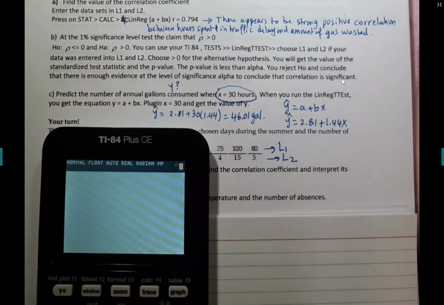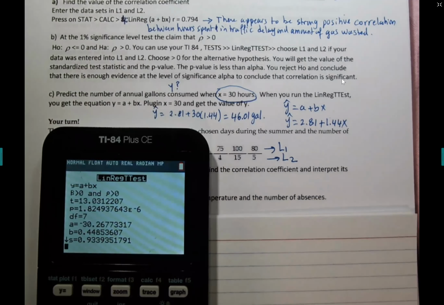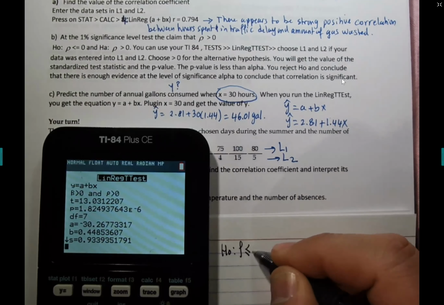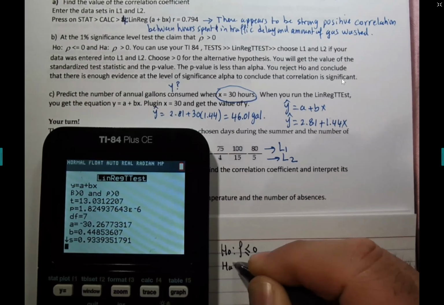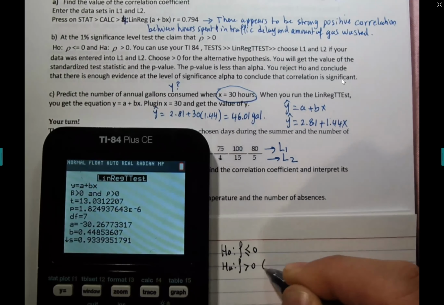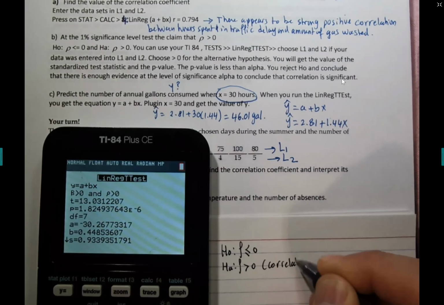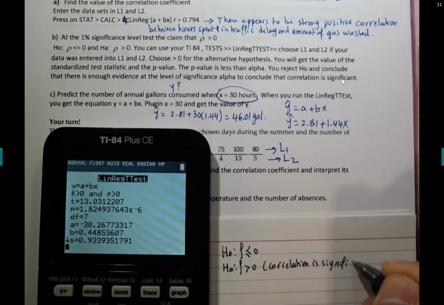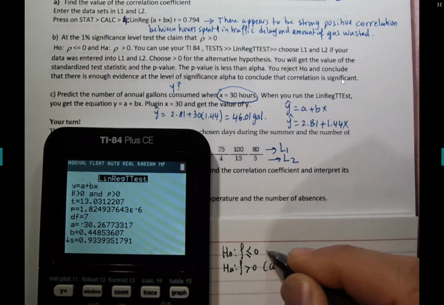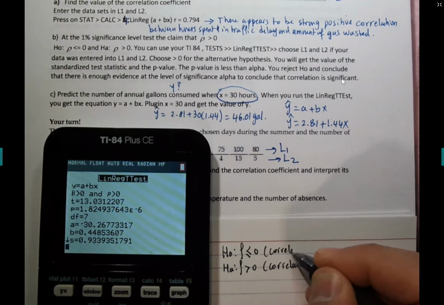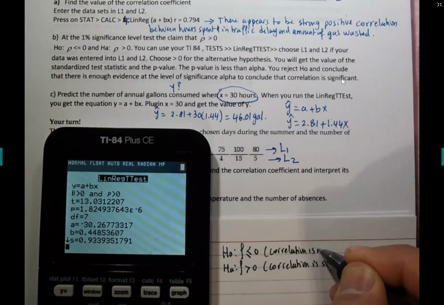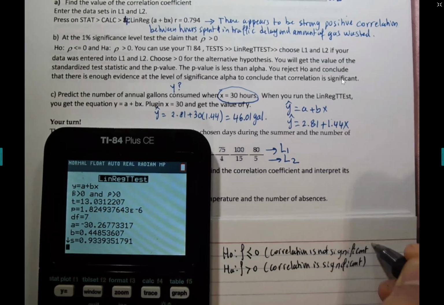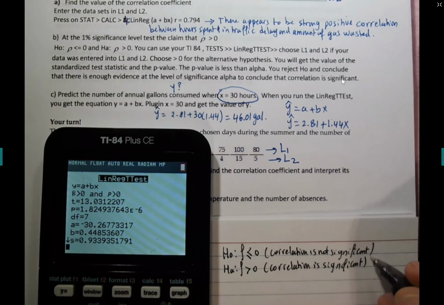So calculate. So step 1, H0: rho is less than or equal to 0, HA: rho is greater than 0, and this is where correlation is significant. This is our claim, but we don't write a claim, we just write correlation is significant. And here correlation is not significant. So H0 is bad for a significant relationship, HA is good.